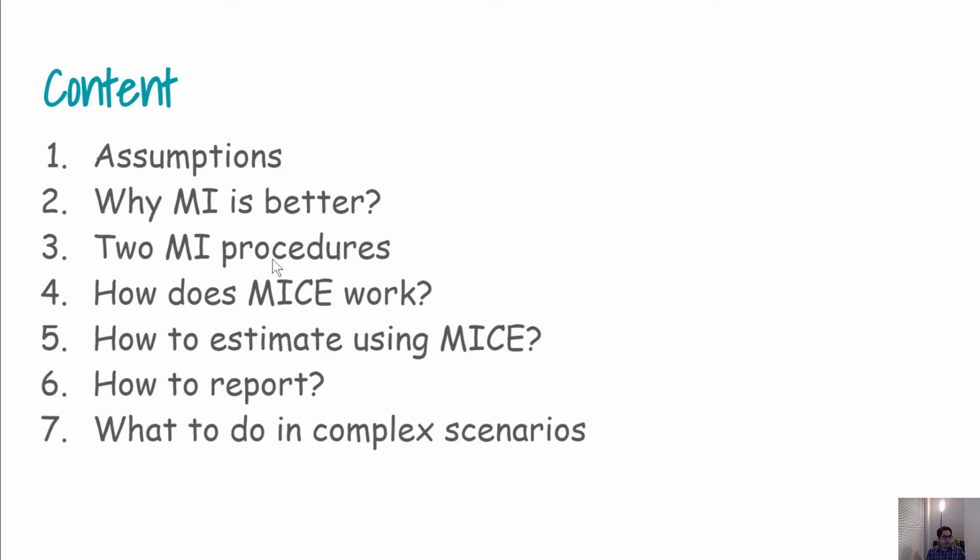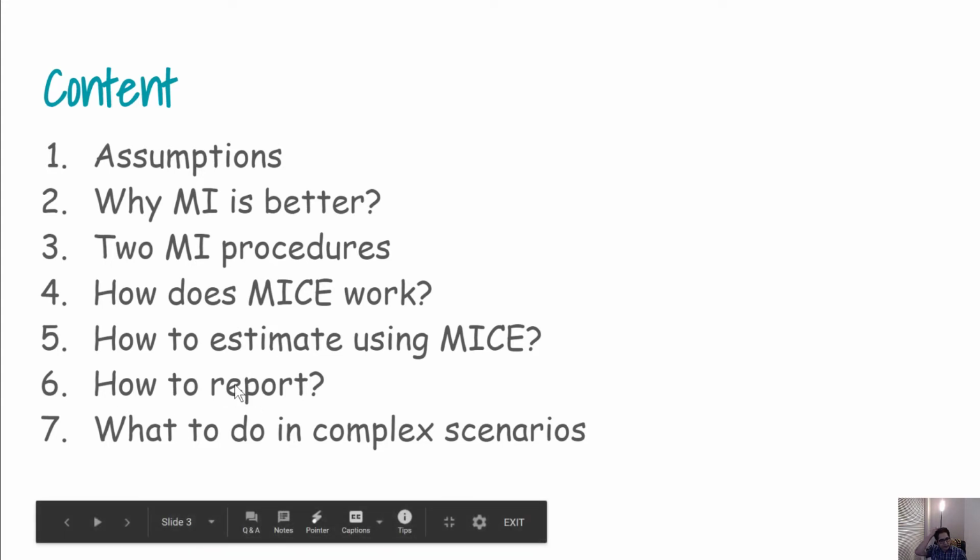Is there just one process, or are there multiple ways of doing multiple imputation, and how does the multiple imputation process that I have discussed in the main lecture work, and how to get an estimate from the multiple imputation. And then I will talk a bit about how to report your analysis and what to do in complex scenarios in part 7.